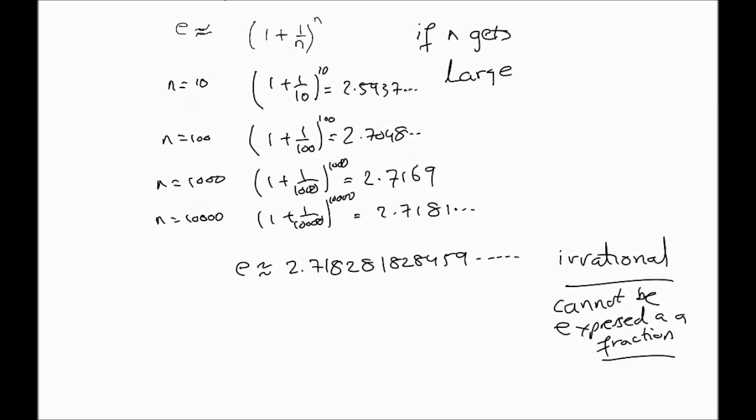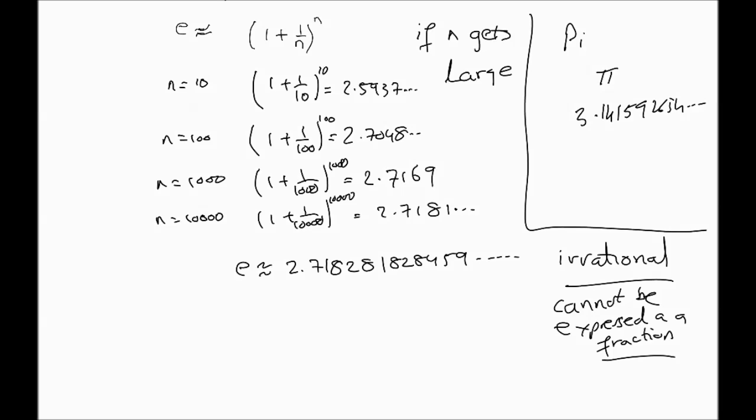The world's most famous irrational number is in fact pi. So let's go on a side for a minute here. Just on a side, I want to talk about pi. This is the usual notation for pi, the Greek letter pi. It's in fact 3.141592654, and it goes on and on. It is the ratio of the circumference of a circle to its diameter.